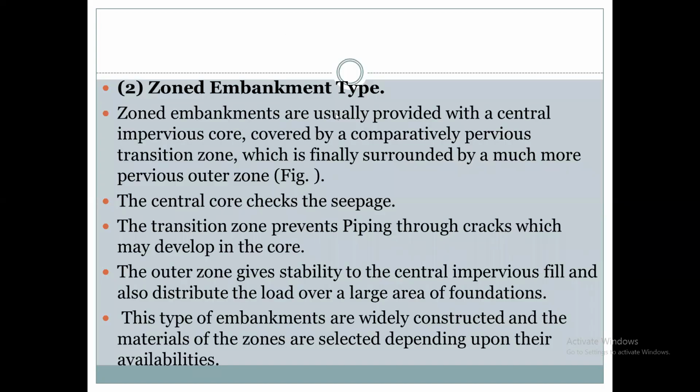Then the zoned embankment type. Zoned embankments are usually provided with a central impervious core, covered by a pervious transition zone, which surrounds the internal impervious core.